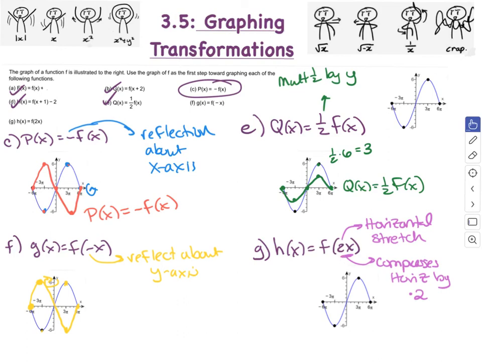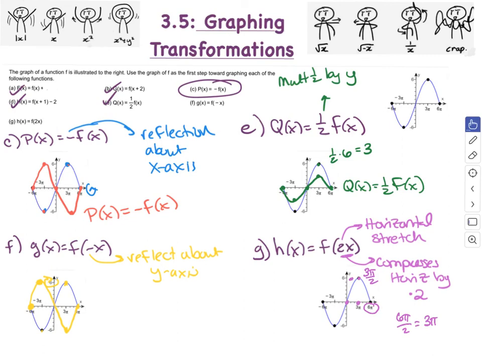So at x equals 6 pi, we would have 6 pi divided by 2, which is 3 pi. So this point here would move in. The point that was at 3 pi would be at 3 pi over 2, so 1/2 pi, about here. 0 divided by 2 is still 0.